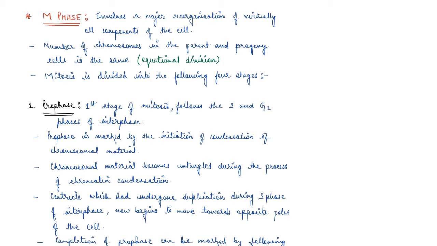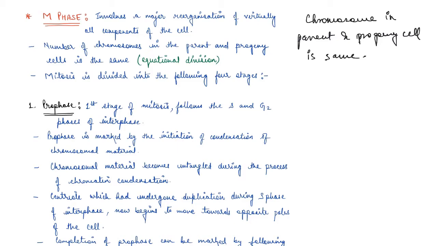Now remember that the chromosome number in parent and progeny cells remains the same in mitosis.